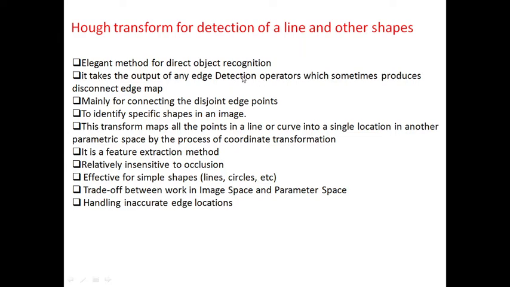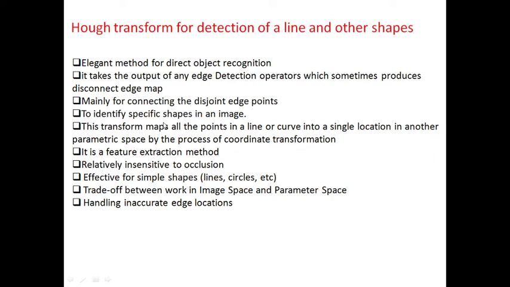After that, we need to apply the Hough transformation. And this gradient or Gaussian based edge detector may produce disconnected edge maps. If it produces a disconnected edge map, how the Hough transformation is going to use it for its operation, we are going to discuss now.